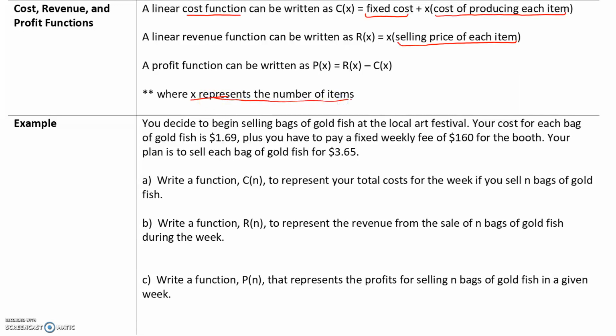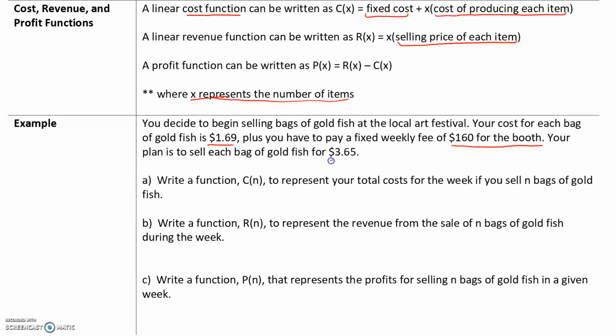Okay, example. You decide to begin selling bags of goldfish at the local art festival. Your cost for each bag of goldfish is $1.69, plus you have to pay a fixed weekly fee of $160 for the booth. You have a booth, so you have to pay $160 whether you show up or not, and then each bag of goldfish costs you $1.69.